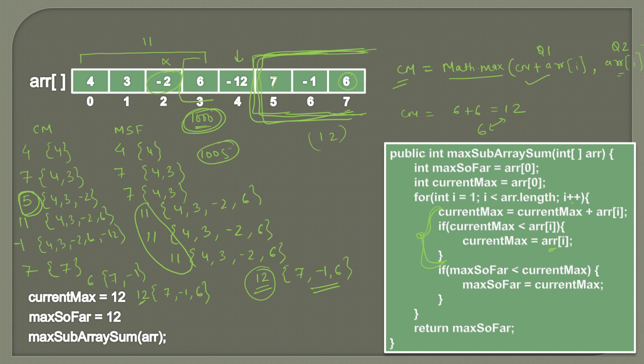So therefore we have included -2 also because we are not sure what is coming up. There could be a very large maximum value which would have raised this sum to 1005. And if we would have discarded -2, so this subarray would have been ended here and a new subarray would have started here, which only could have given a sum as 1000.